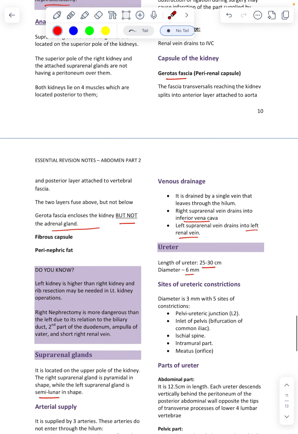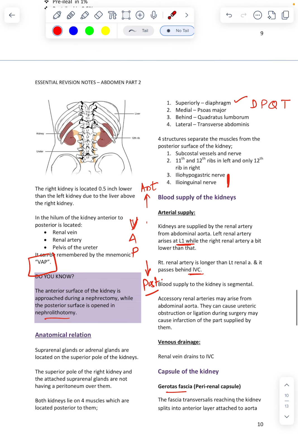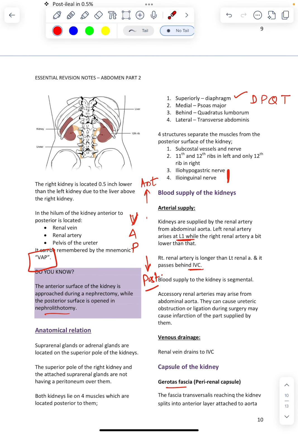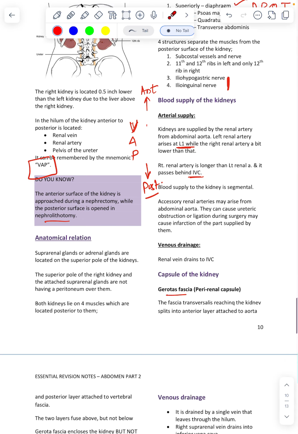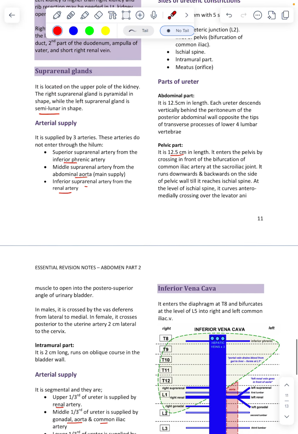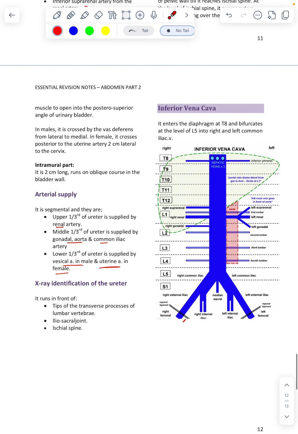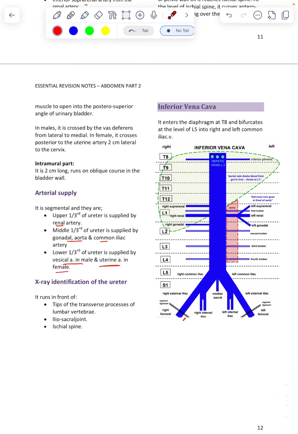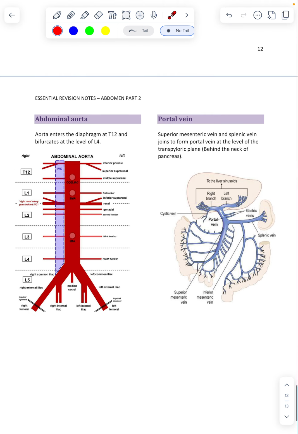That is the thing. Yes, the vein is always in front. Anterior is the vein, so the vena cava is in front, and the renal vein is also in front. The renal artery is behind, then the pelvis. The right renal artery is totally behind the inferior vena cava. Then the left renal vein: the vein is always in front.